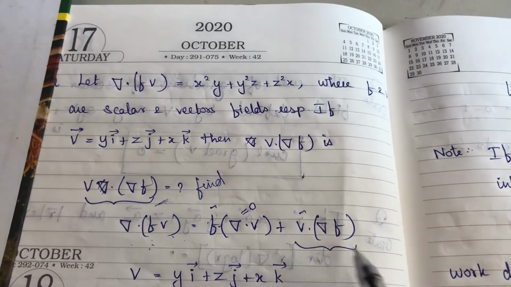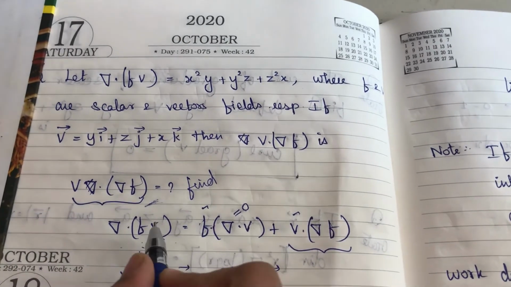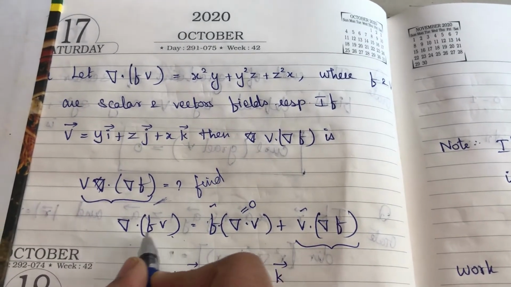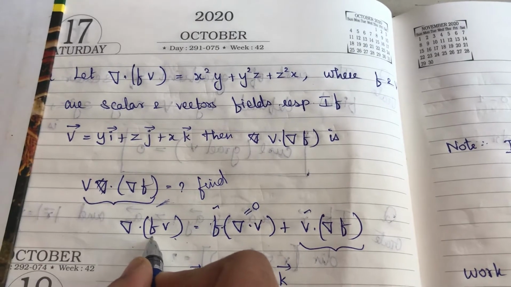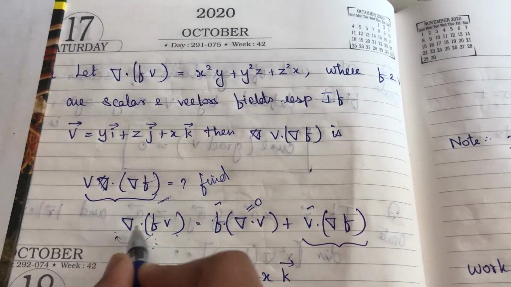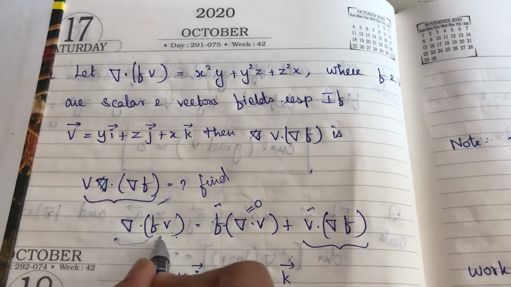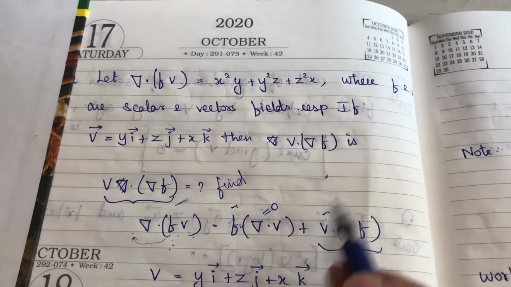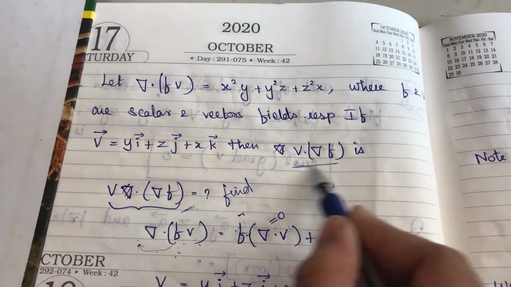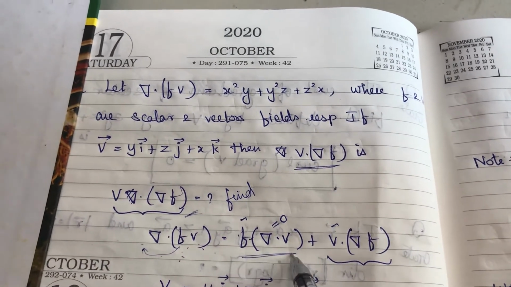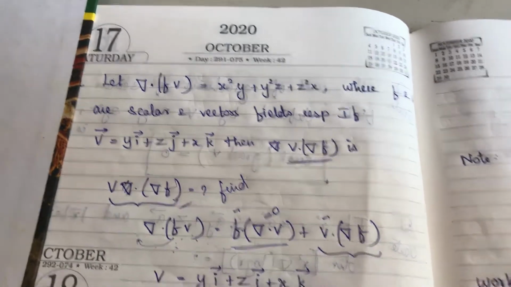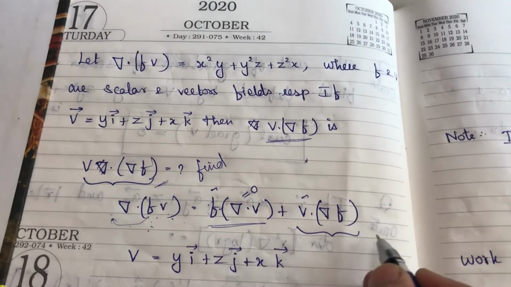This is a function, this is an equation. So first, f as outside means f into del dot v, and v as outside means v into del dot f. So you can see here they have asked the second term. Leave this, they have asked the second term.